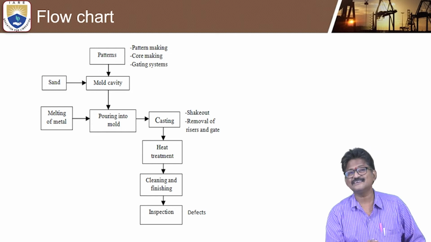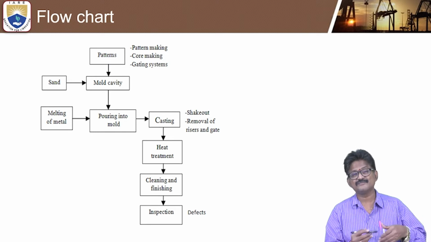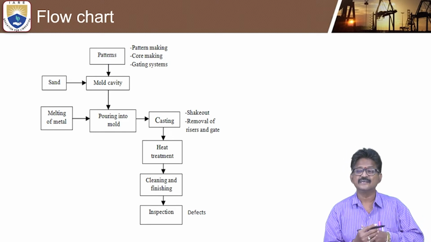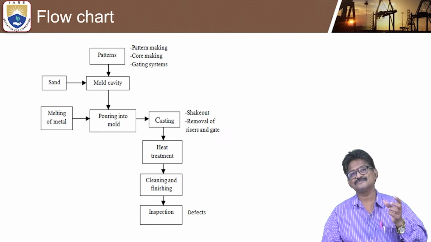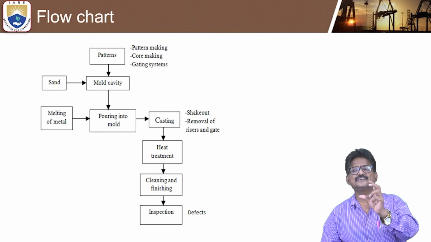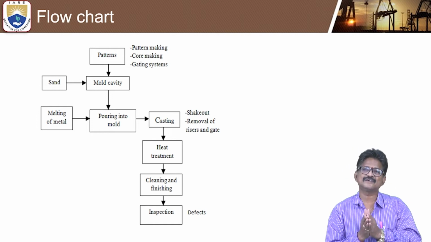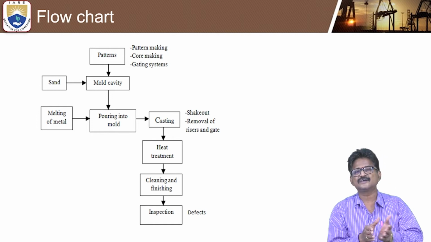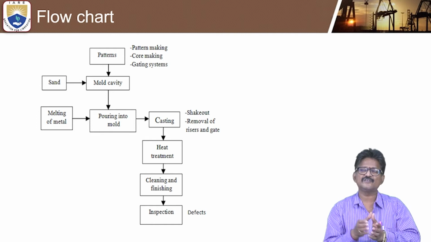Especially you can see some idols, especially during Hindu festivals like Ganesh Chaturthi, Vinayaka Chaturthi, where they make Ganesh idols. That is the best example for this casting process. They have a mold in which the Ganesh idol form is there.